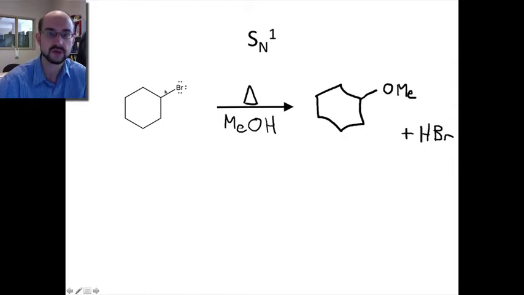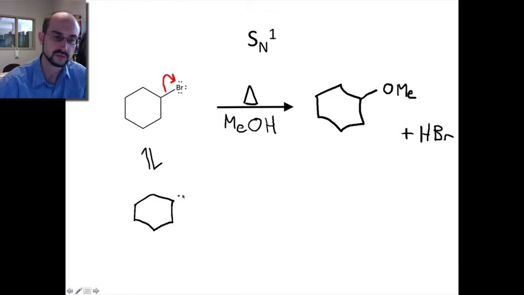As before, the first step is the leaving group leaving, creating a carbocation. So we've also created our bromide ion. And now, once again, we use the solvent in this next step.